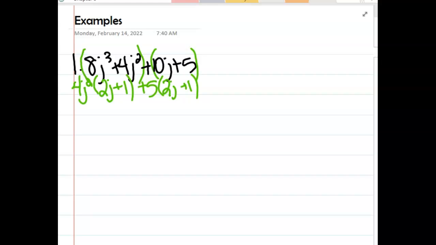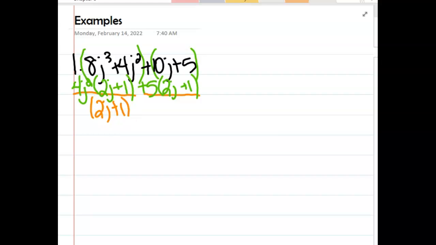Now there's one more step. What I have here is these 2 groups: 4j squared times 2j plus 1, plus 5 times 2j plus 1. What do these 2 groups have in common? The 2j plus 1. If you do this correctly, whatever is in the parentheses should match every time. So then we're going to factor out a 2j plus 1.